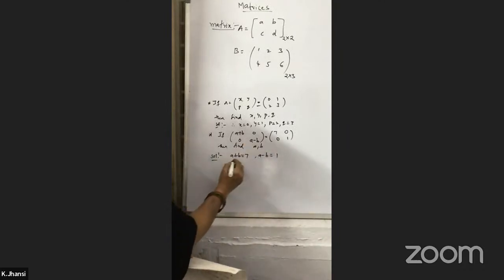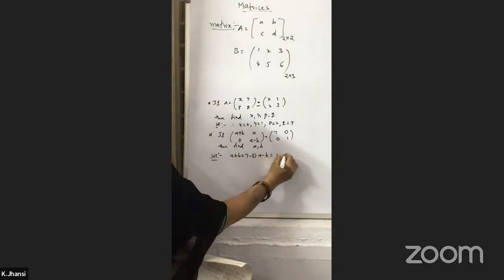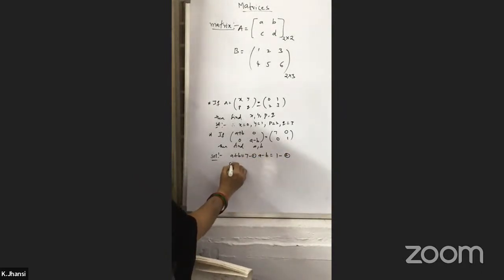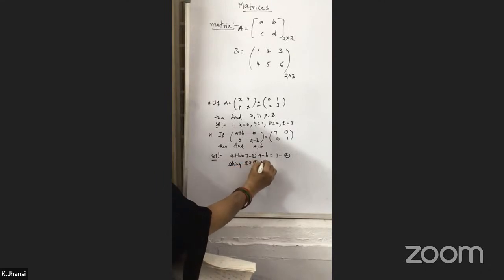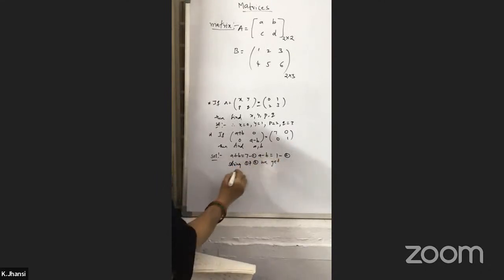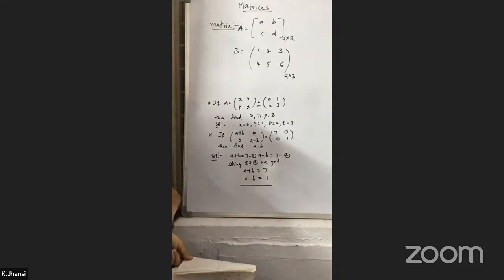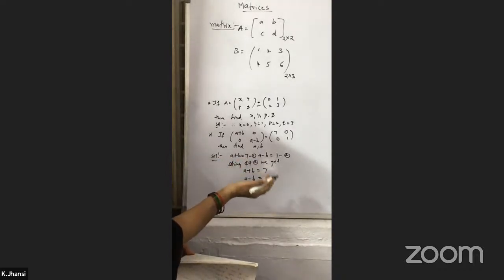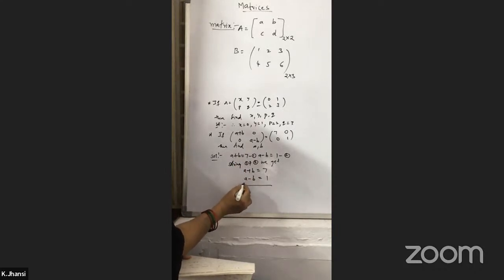If you solve these two, what will happen? You can take this as the first and this as the second equation. Solving 1 and 2, we get A plus B equals 7, A minus B equals 1. Or else you can write adding 1 and 2. When you are adding, there is no need of changing the signs.